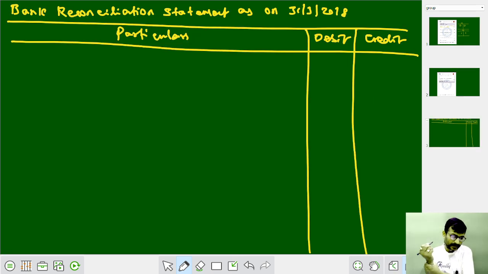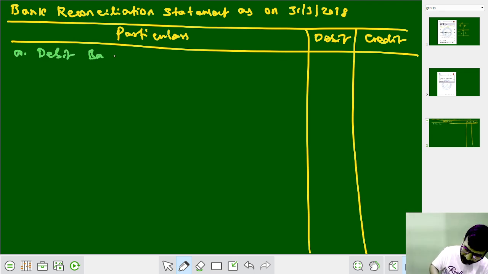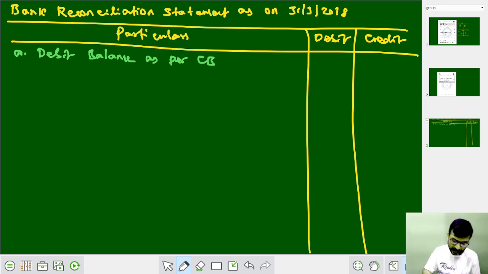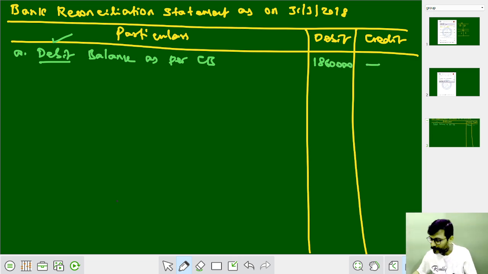So let us write the A point. Debit balance as per which book? Cash book. So the first transaction is to be taken on the same side. The amount is 18 lakh 60,000, a big amount.